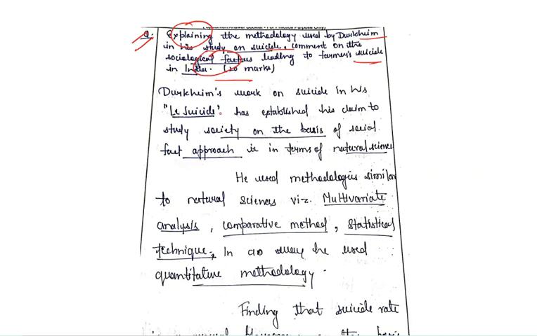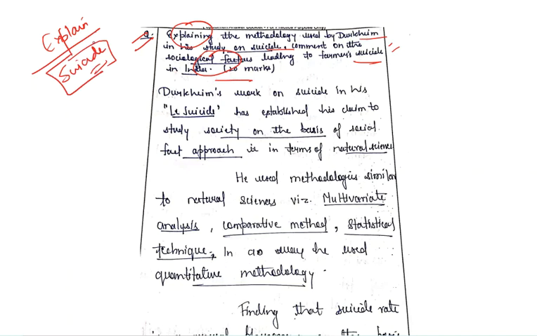So, there are three things to be observed in the question. It is not like the question has asked you to just explain Durkheim's work and then mention the sociological factors of farmer suicide in India.